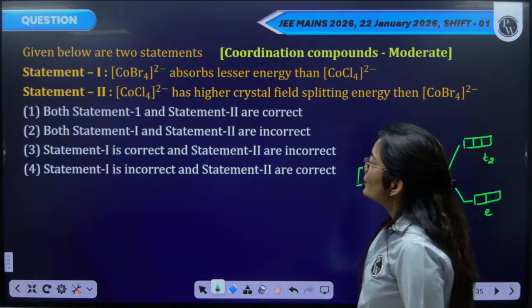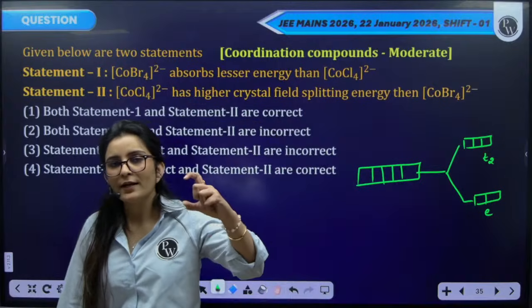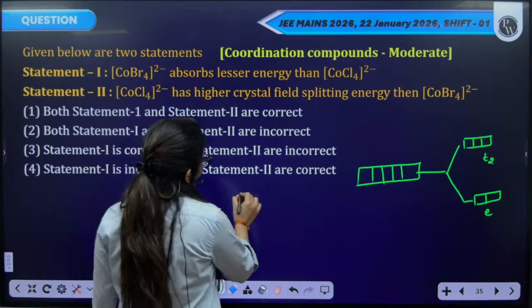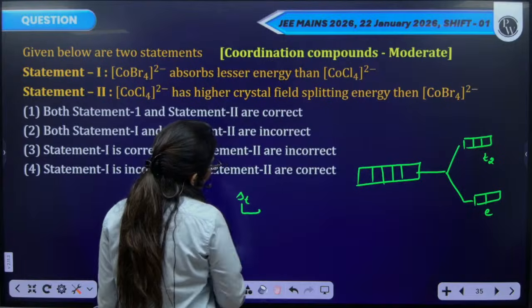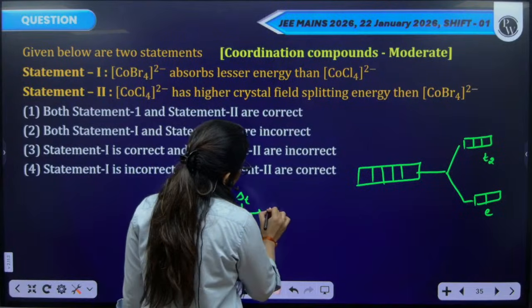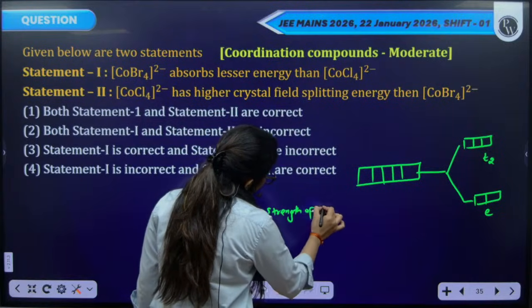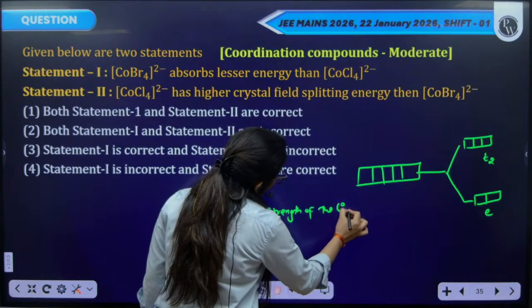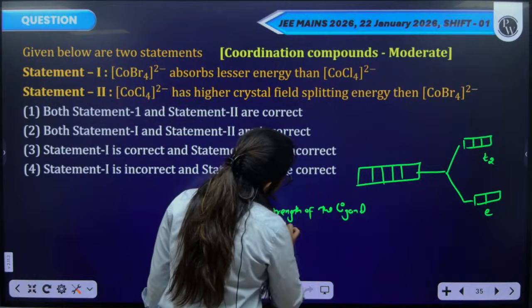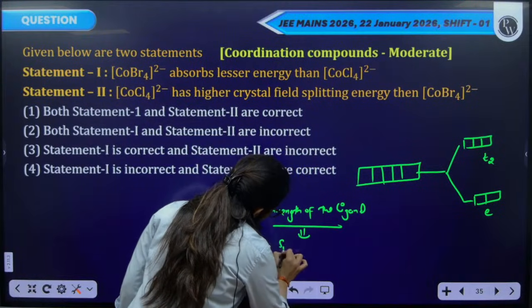Okay, so basically this crystal field splitting energy, or you can say the delta T over here, depends upon the strength of the ligand. It depends upon the strength of the ligand, right? And the strength of the ligand we have checked, it depends upon what? The spectrochemical series.